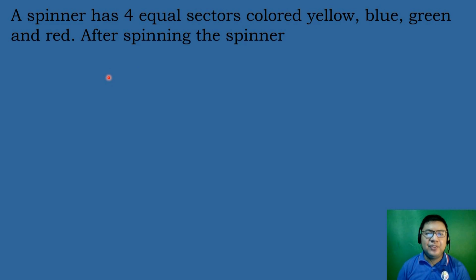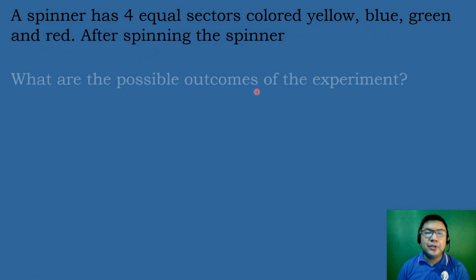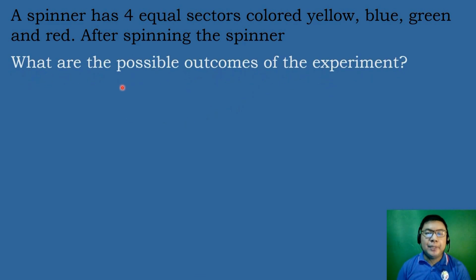Let's have our first example. A spinner has four equal sectors colored yellow, blue, green, and red. After spinning the spinner, what are the possible outcomes of the experiment? So the experiment here is spinning the spinner.